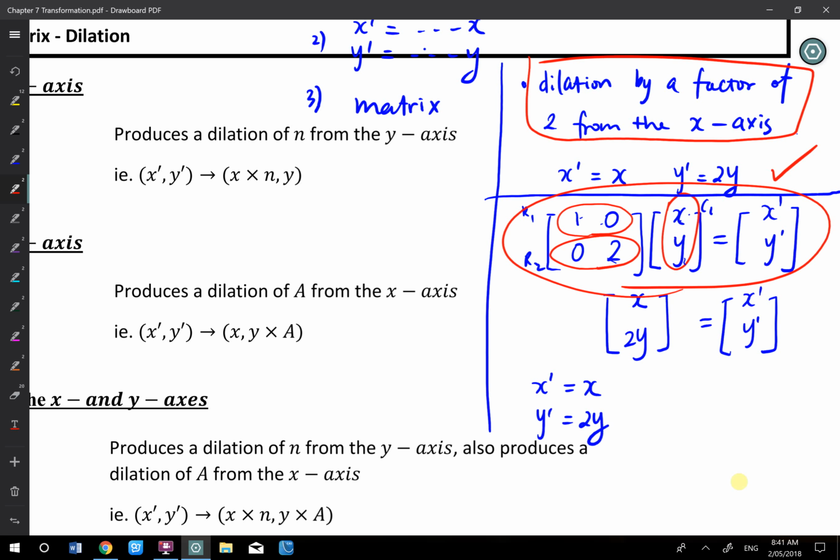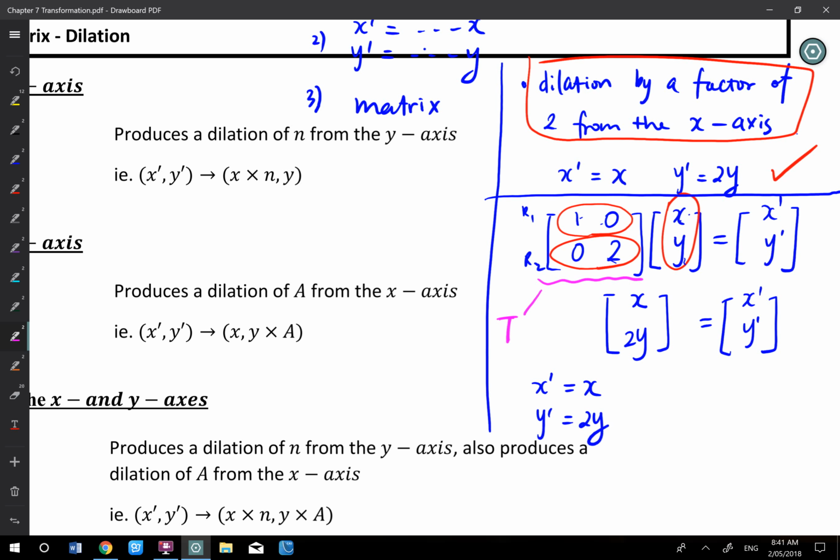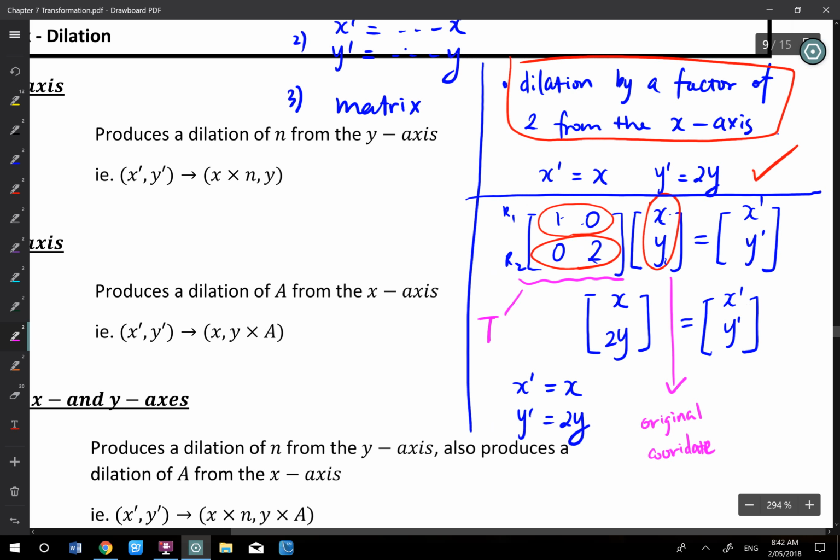Okay, so in this matrix, I'll use another color. This 2 times 2 matrix is a transformation matrix. I normally use a T to represent that. That's a transformation matrix, and that's the original coordinates. And this is the resultant coordinates.